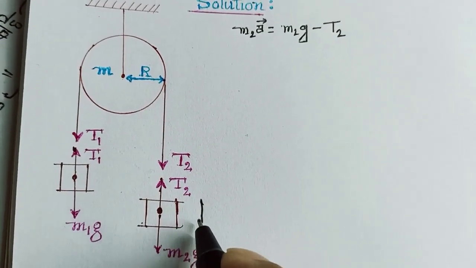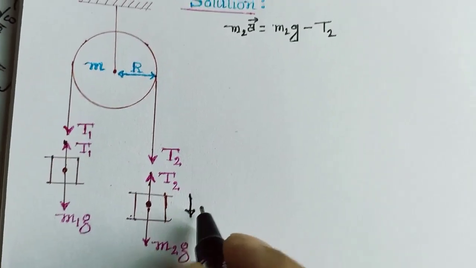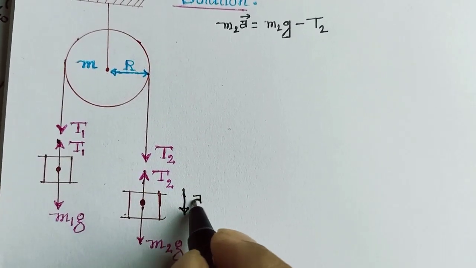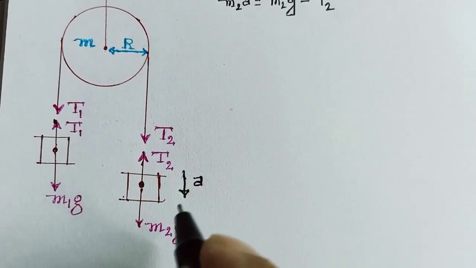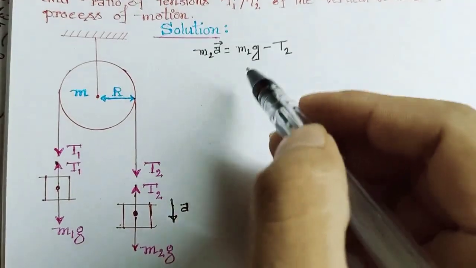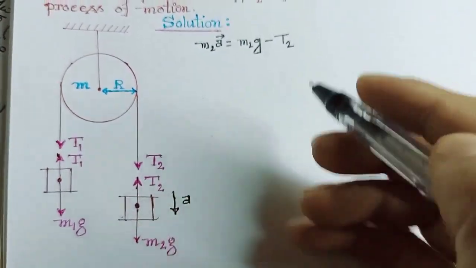Mass m2 is moving downward, so the acceleration will be downward, the tension force is acting upward, and m2g is acting downward. So from this diagram we can write the equation of motion for block m2.